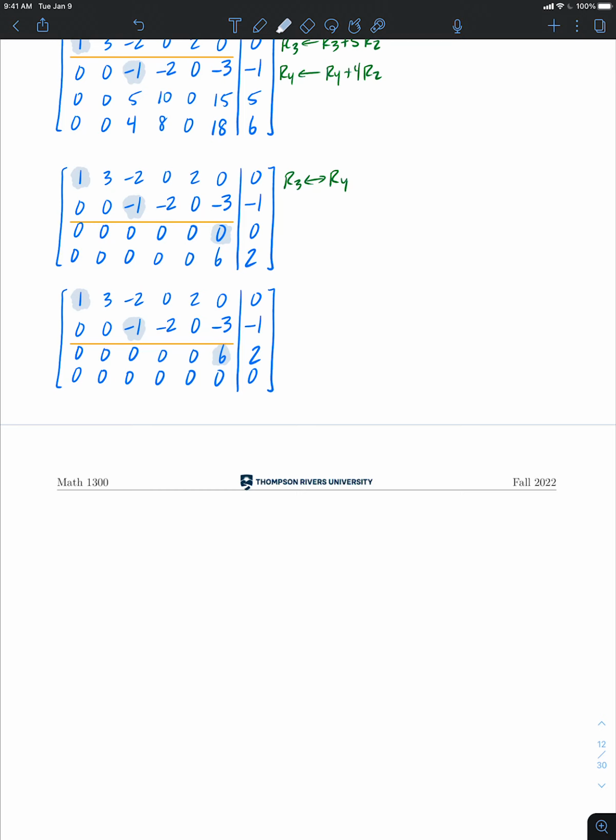And then now we want to make sure that all the entries that are below that pivot position are equal to 0. But the one I just circled is the only entry that's below that pivot position, and it's already 0. So fantastic. That means we don't have to worry about that. And now, if you're going through the algorithm carefully, you're going to move your focus down to this smaller part of the matrix, and you're going to say, okay, now start the algorithm over again, but look at this row.